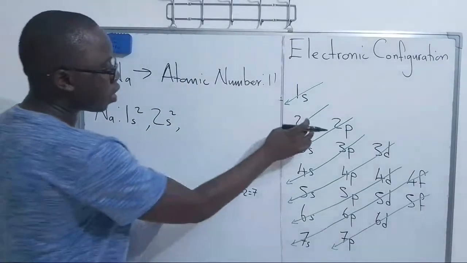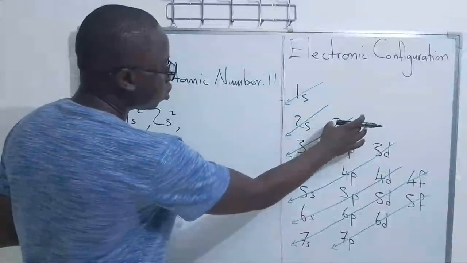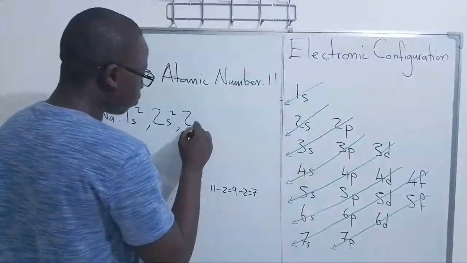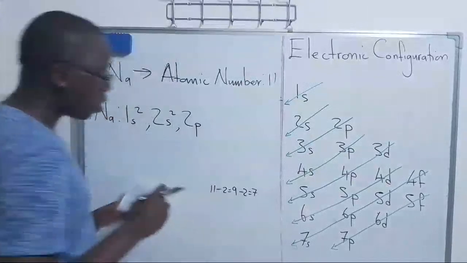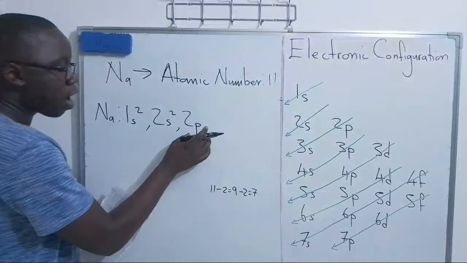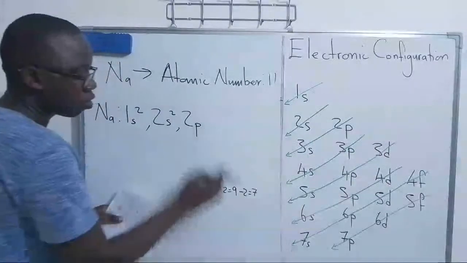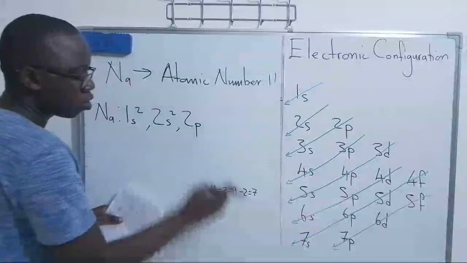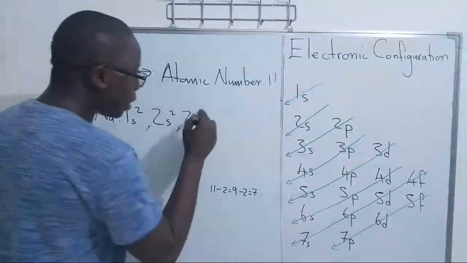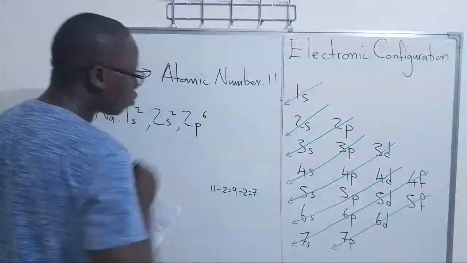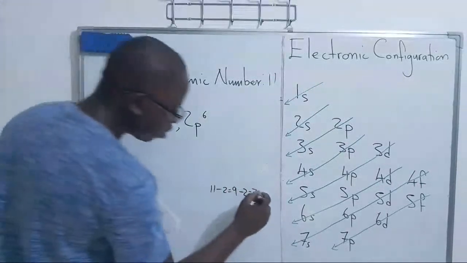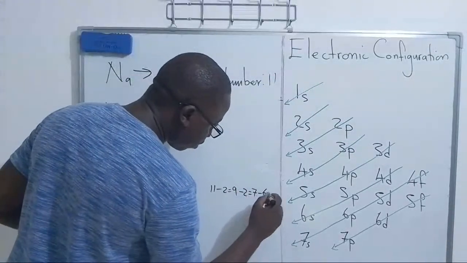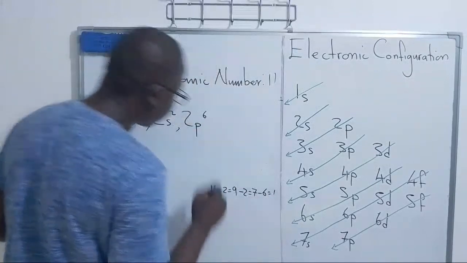Now from 2s, the next is 2p. The p orbital can have a maximum of 6. We still have 7 electrons, so all the electrons can be used up there. We reduce it by 6 and remain with 1 electron.